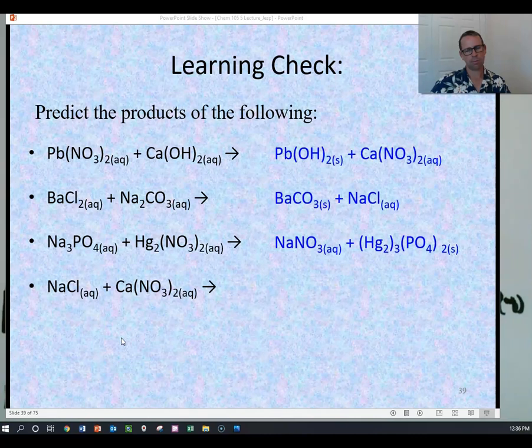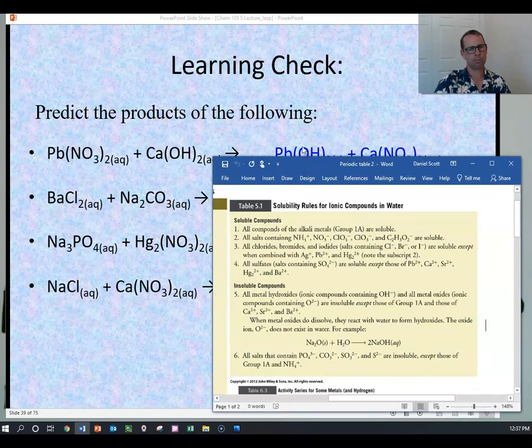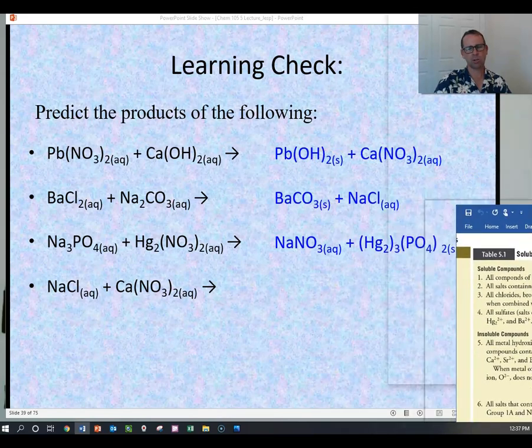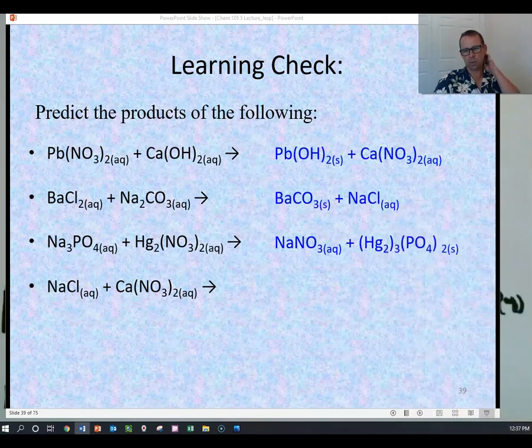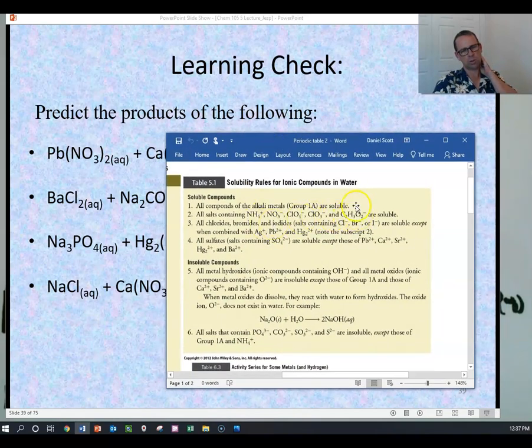Number 2. What does number 2 say? Rule number 2 says all salts containing NH4, NO3, ClO4, ClO3 and the other. Yep. So that means that sodium nitrate is going to be what? Insoluble or soluble? Insoluble. No, soluble.